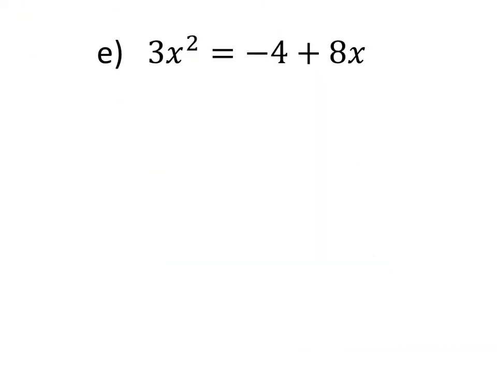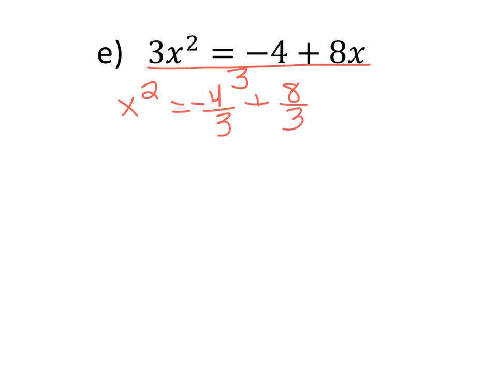Let's jump to E. My leading coefficient is 3 because it's with my x squared term. So I will divide everything by 3. I get x squared equals negative 4 divided by 3 is not a nice number. So I'm going to leave it as negative 4/3 plus, and again, 8 divided by 3 is also a repeating decimal.